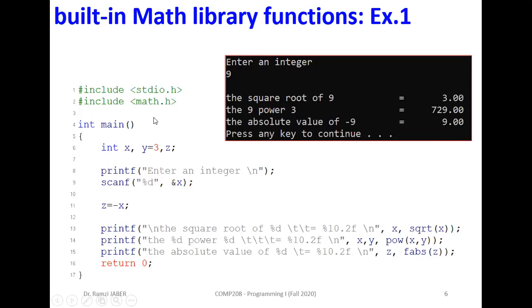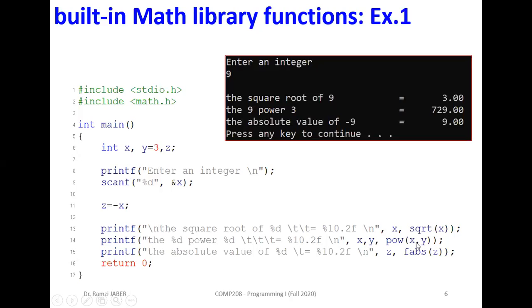So in this small example, we use 3 built-in functions from the math library. This is the math library. It has many built-in functions. So this is the example: square root of 9 equals 3.00.